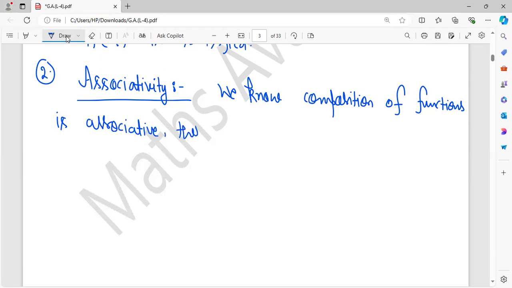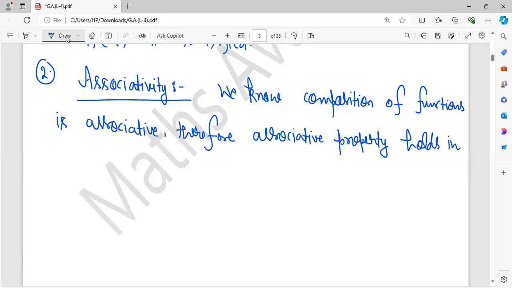Therefore, the associative property holds in A(G). You take any three functions, you take the composition of the first two, then with another one, it is equivalent to taking the latter two and then the first one. So the associative property with respect to the composition operation always holds. So that is a direct result.